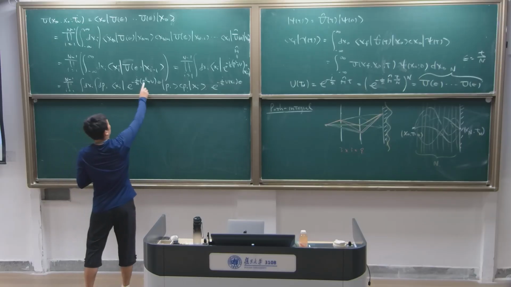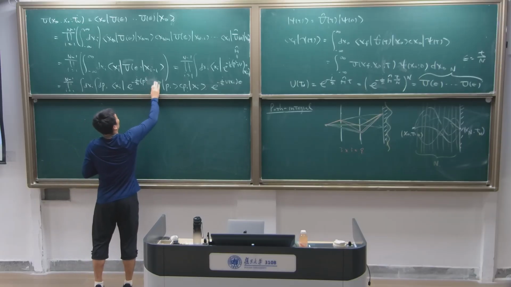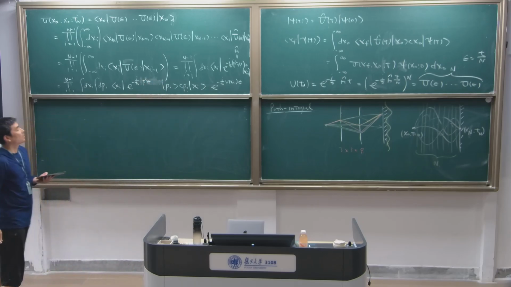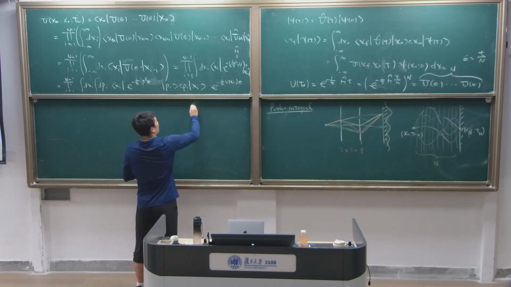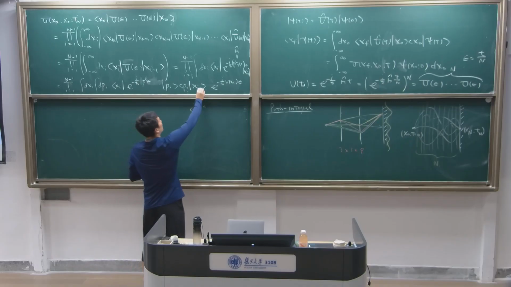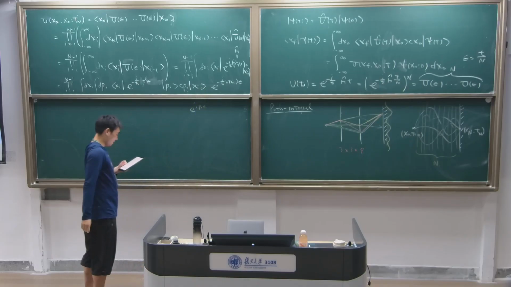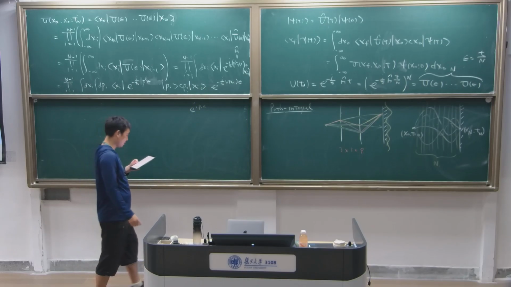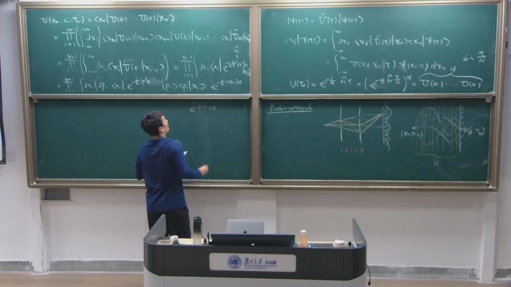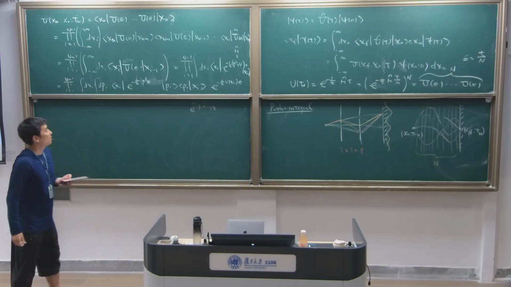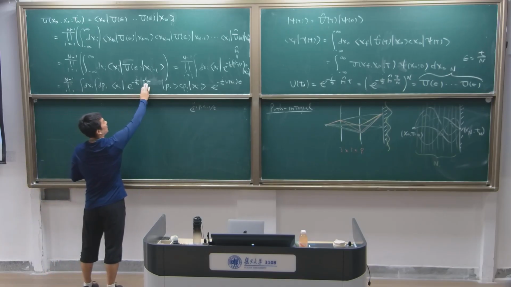Okay, so then, sorry, no p, you should correct. And now the inner product of x_i with p_i is essentially e^{i p_i x_i/ħ}.